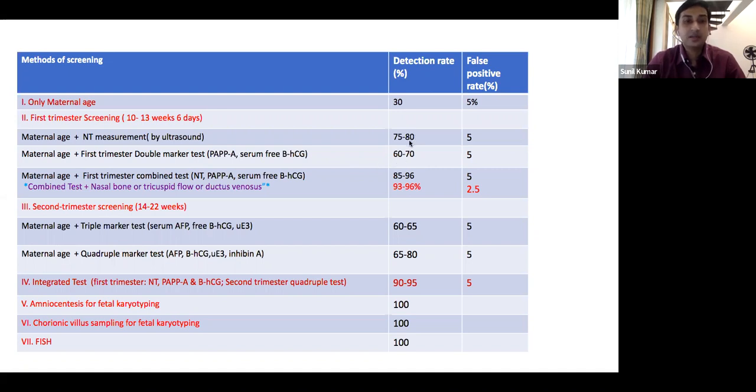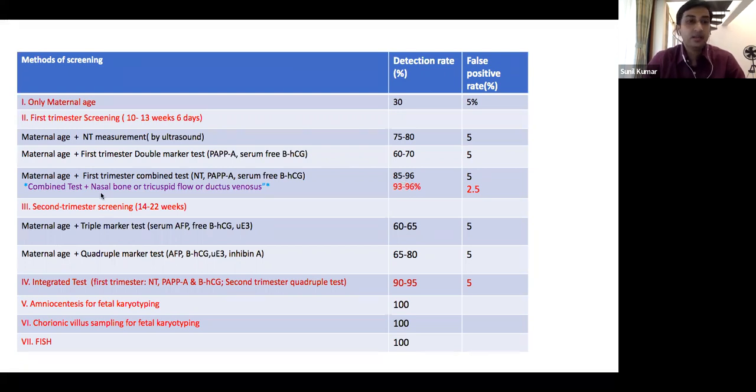See here, if you take ultrasound, then it has a better detection rate compared to only biochemical markers. Next, maternal age plus first trimester combined test. Combined test means ultrasound plus biochemical markers. Then you get a detection rate of 85 to 96%.